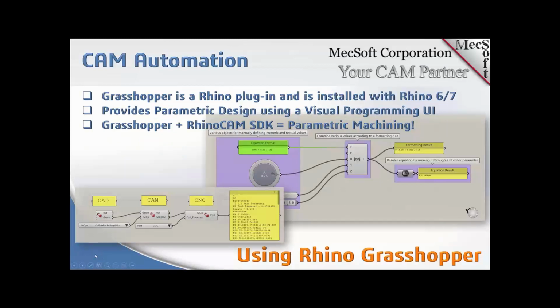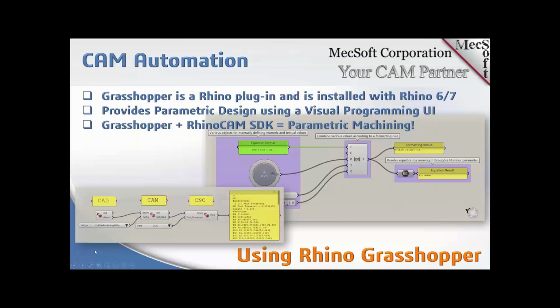For those of you who are not familiar with Grasshopper, Grasshopper is a Rhino plugin that is installed with Rhino 6 or 7. And by the way, the RhinoCAM SDK works also with Rhino 6 or 7. Grasshopper is a plugin that's built into Rhino. What Grasshopper does is provide parametric design capabilities in Rhino using a visual programming user interface.